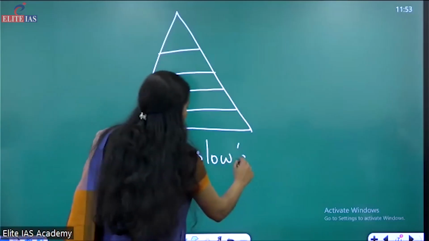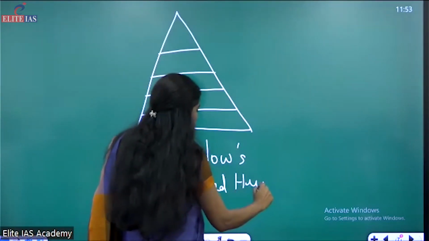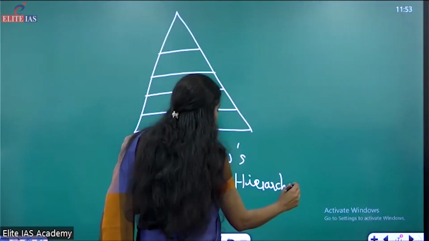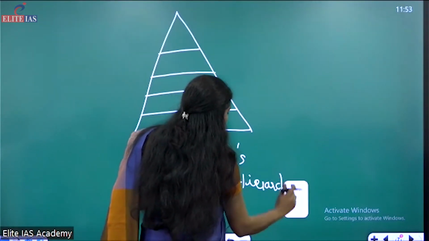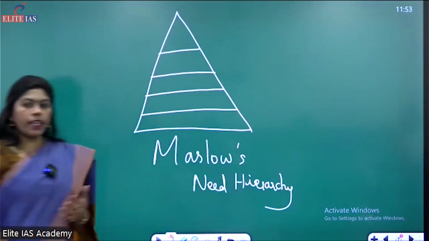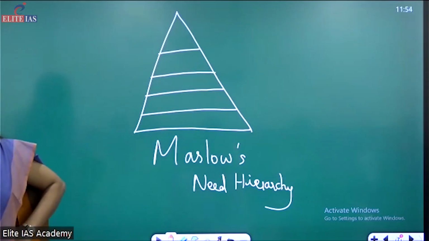There are a lot of needs hierarchy theories, but we will take Maslow's needs hierarchy theory.